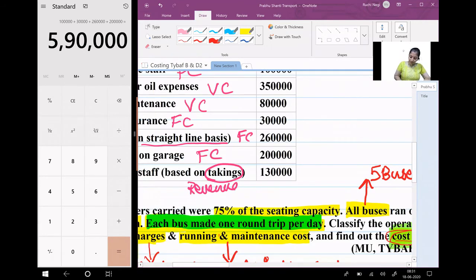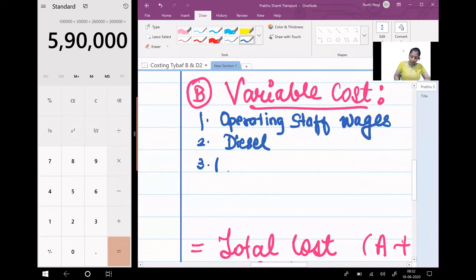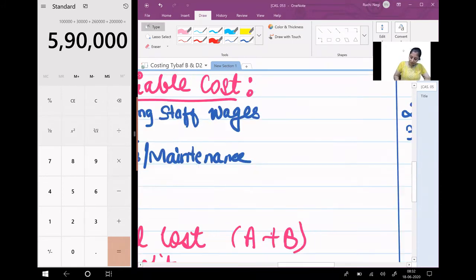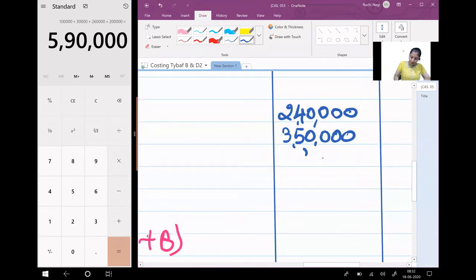So next item, repairs and maintenance 80,000. So right here 80. Okay.